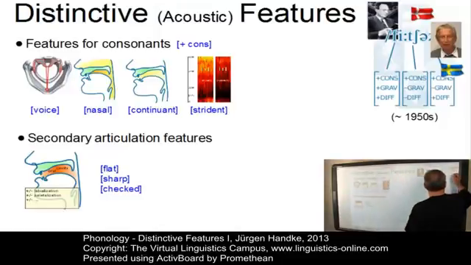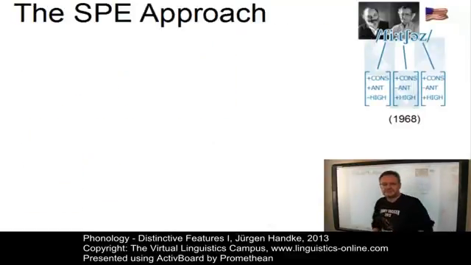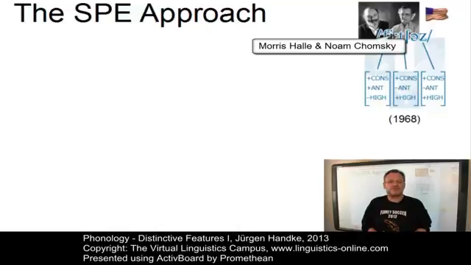The most influential approach of our time is the Sound Pattern of English approach, which is essentially a book that was published in 1968 by Noam Chomsky and Morris Halle.